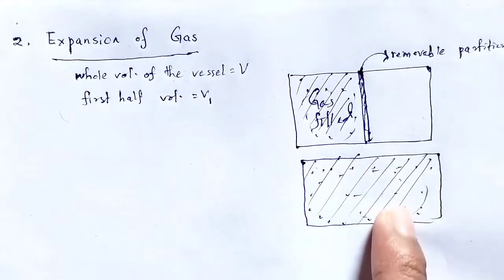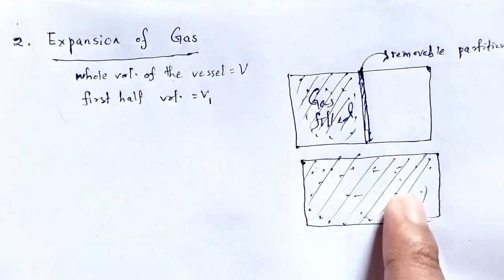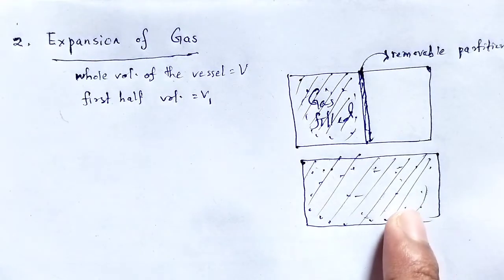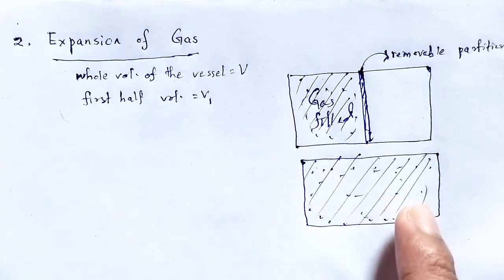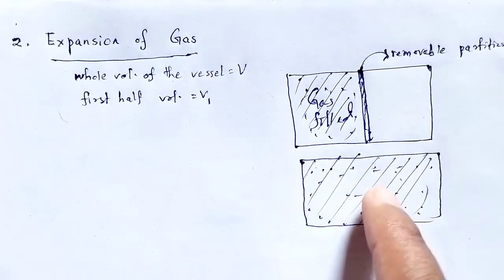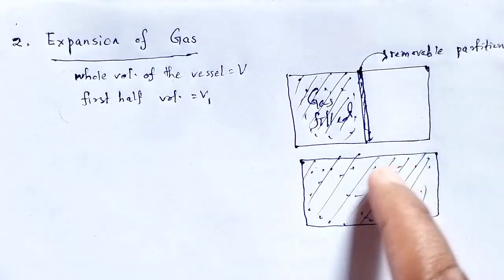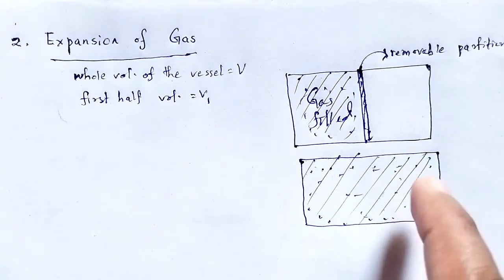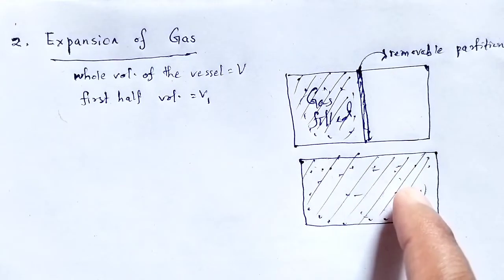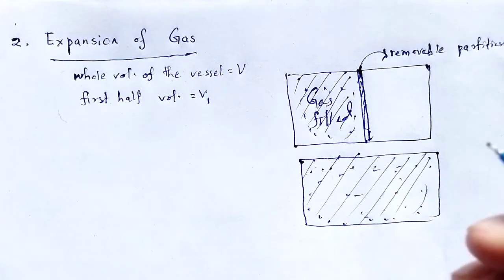The available cells indicate the required volumes. Since during the expansion of gas the volume increases, the number of cells also increases. Therefore, the thermodynamic probability also increases.